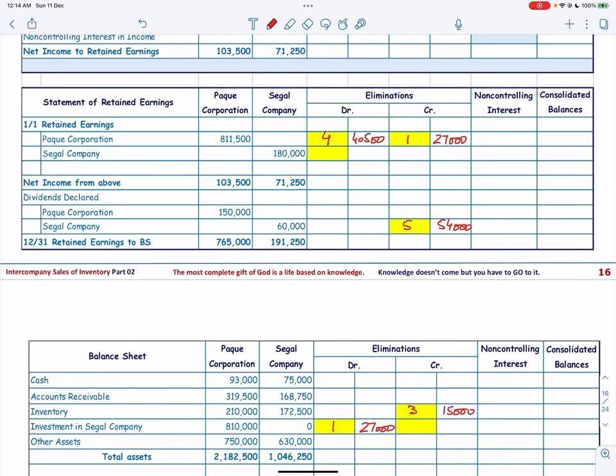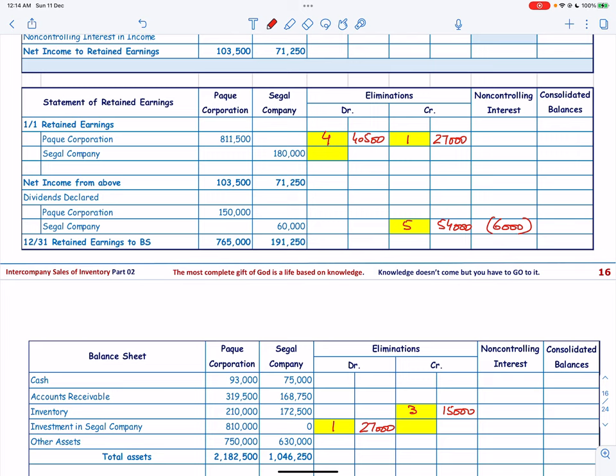Now the parent company has earned a dividend of 54,000 of the dividend declared by the subsidiary, and obviously this is eliminated, while the remaining 6,000 is allocated to non-controlling interest. Just keep this in mind.